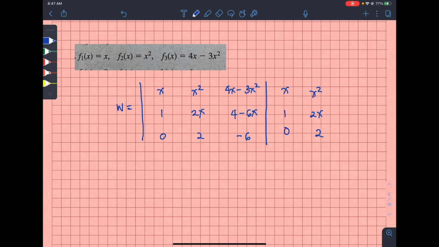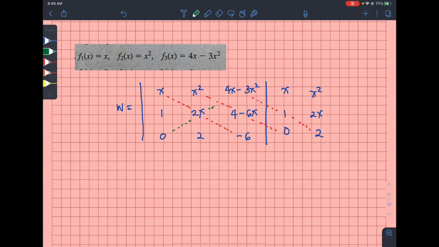And then afterwards, we're going to get the sum of the product of the downward. Take the product of the diagonal, then add the second diagonal, and then add the product of the third diagonal. And then once you take the sum of it, subtract the sum naman of the upward.